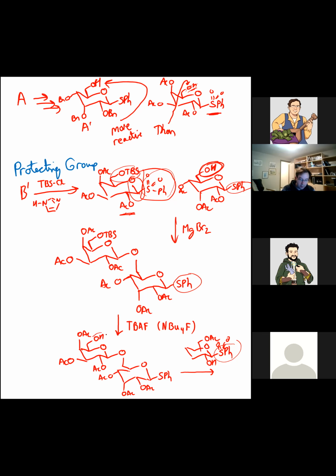So our nucleophile here is an OH, but we have an OH here. But this is a primary OH. And so a primary OH is more reactive than a secondary.